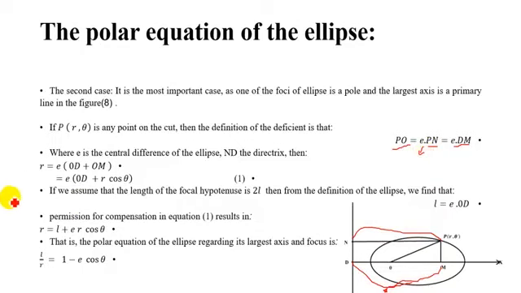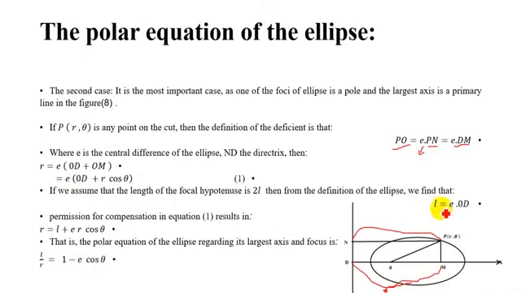So then r will be equal to e times OD plus OM. Where is OD? OD and OM, so all that one. e times OM, that one, will be r cosine theta, and OD is still the same.